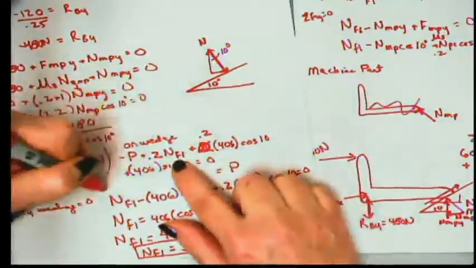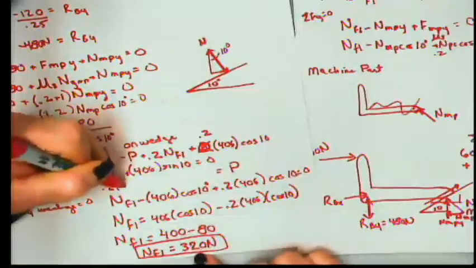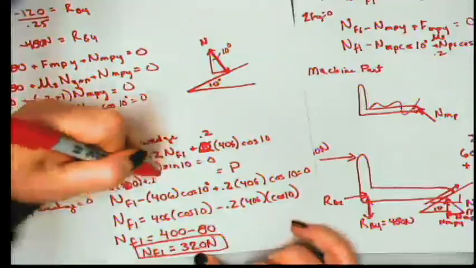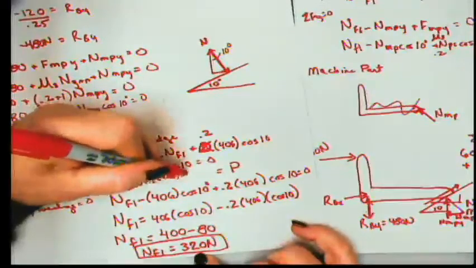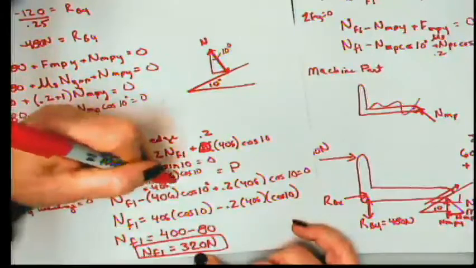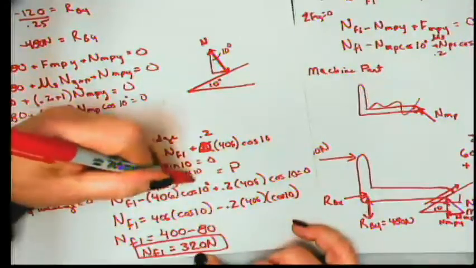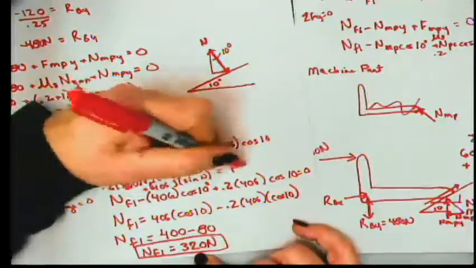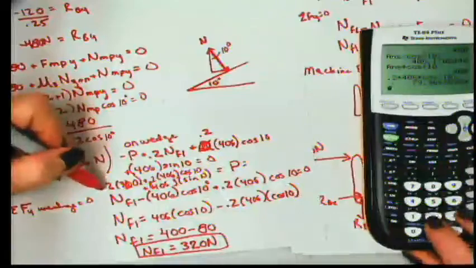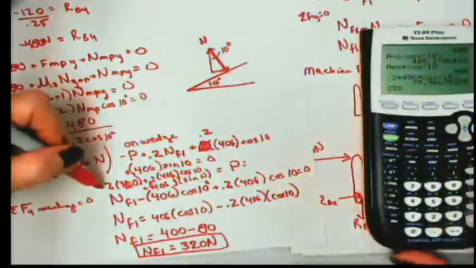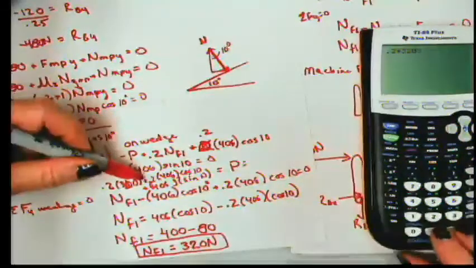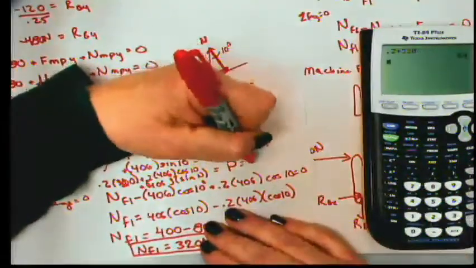So I get 0.2 times 320 plus 0.2 times 406 times the cosine of 10 plus 406 times the sine of 10 equals P. So 0.2 times 320, that value is 64.